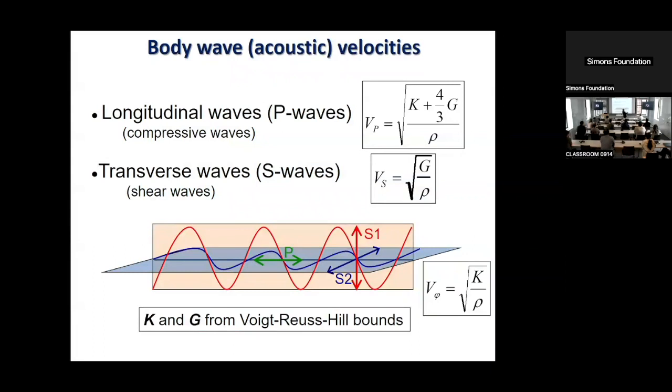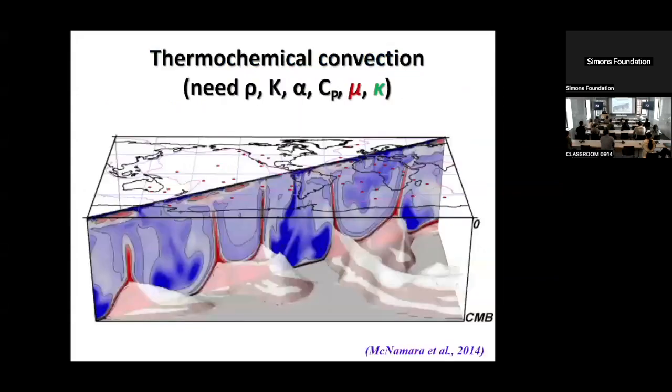It's linearly dependent, but it's easier to analyze than P. And of course, we calculate these acoustic velocities in crystals, and then we do isotropic averages. And after that, we do polycrystalline averages in aggregates. These are standard techniques in mineral physics.